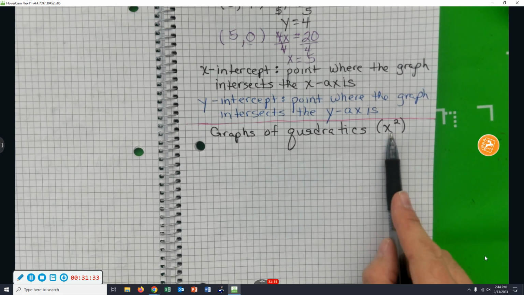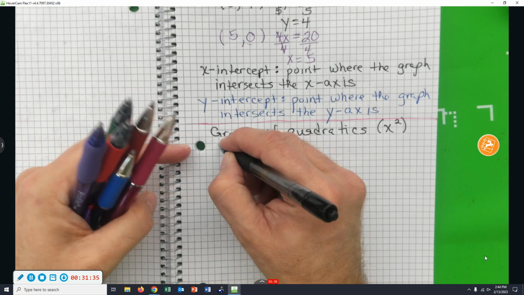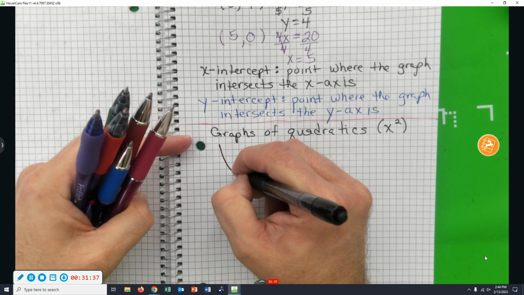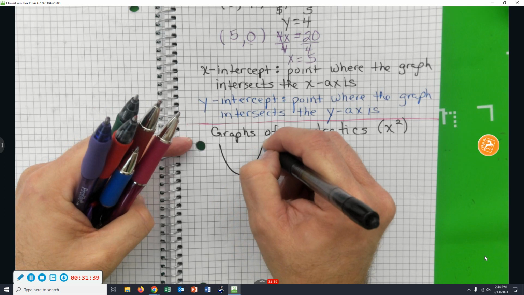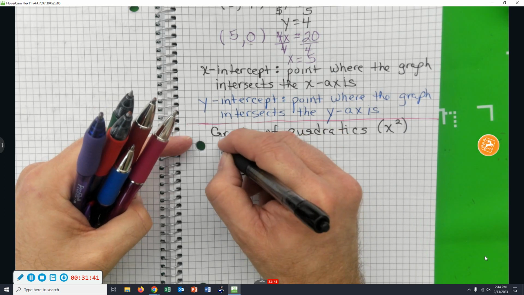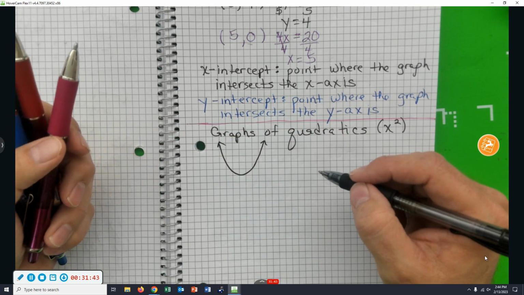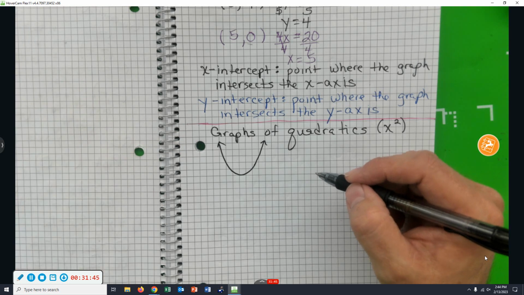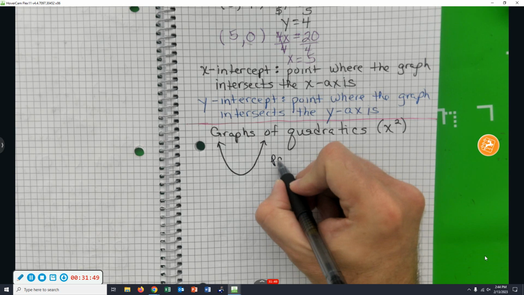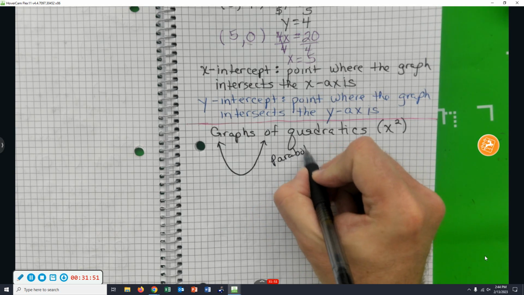The graph of a quadratic is a U-shaped figure that we'll discuss in more detail, probably before spring break, which might seem like a long time away.